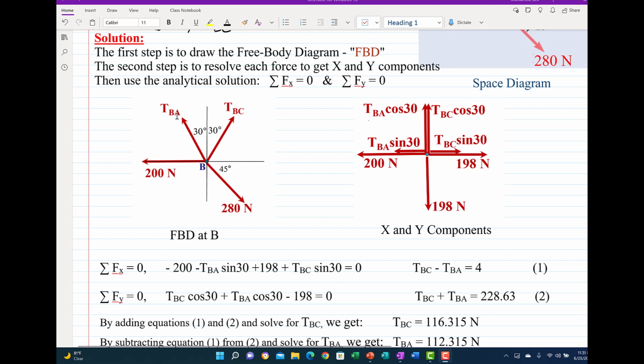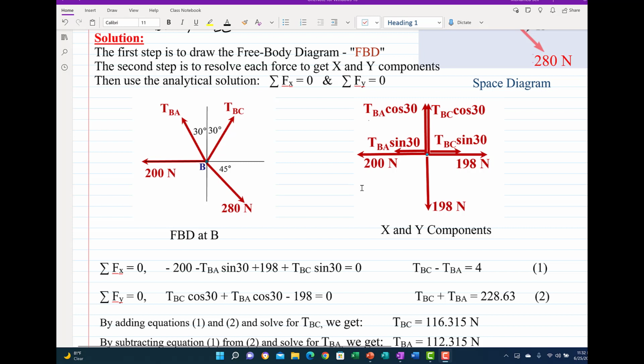Similarly, for TBA, the cosine component will be in the Y direction and the sine component in the X direction, because the angle is between the force and the Y axis, so the cosine is in the Y direction. So we have 2 and 2 and 2, so 6, and 1, 7 components: 4 in the X direction and 3 in the Y direction.